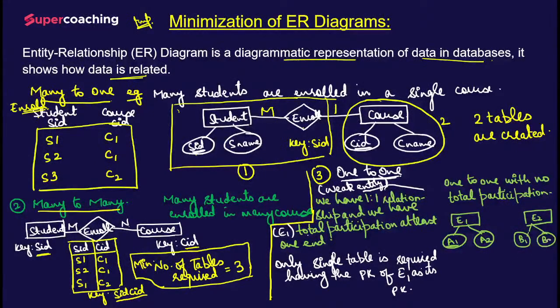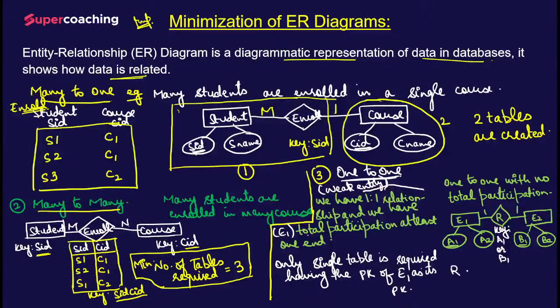Let us assume that B1 is the key and here is the relationship R. This is one-to-one participation. तो key कौन सी आएगी यहाँ पे? एक entity is related with one value only, so you can merge it on either side. आप किसी भी side पे merge कर सकते हो because here the key for R will be A1 or B1. So this means that you can merge it either side.